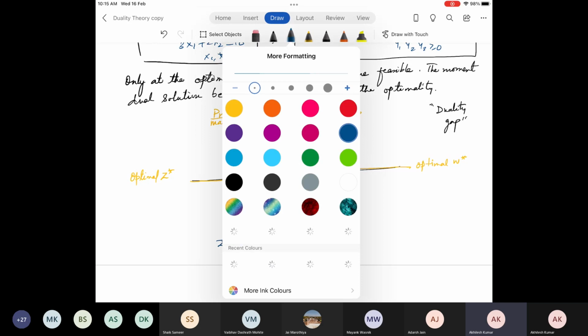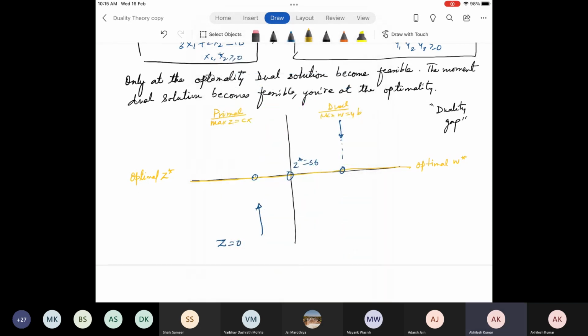So this region is called suboptimal. This is called superoptimal. Similarly for this one, this is suboptimal and this is superoptimal.